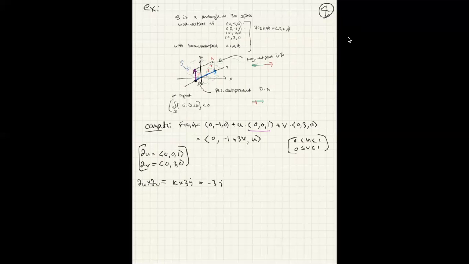Let me just make sure. Yes, so that's (-3, 0, 0). And we'll actually want to use partial v cross partial u in this case, which is (3, 0, 0). Okay, and so the total flux is the following. We have almost everything.